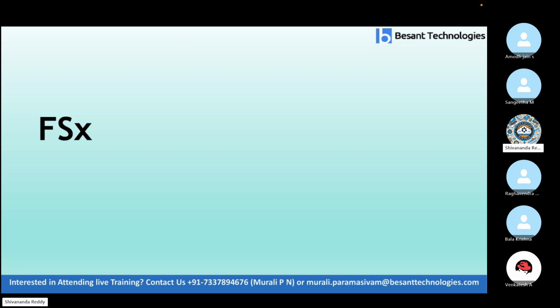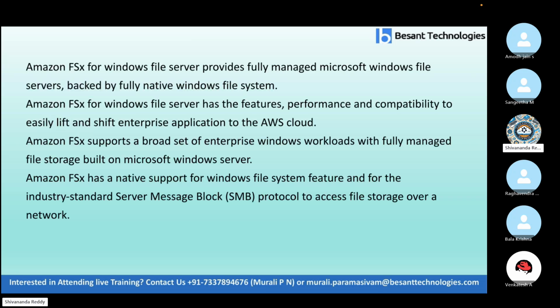But for Windows, if you want to copy some data, sync the data, that's the place FSx comes into the picture. FSx means FS is file system, X means Windows. Amazon FSx for Windows File Server provides fully managed Microsoft Windows file servers backed by a fully native Windows file system. Amazon FSx for Windows File Server has the features, performance, and compatibility to easily lift and shift enterprise applications to the AWS cloud.